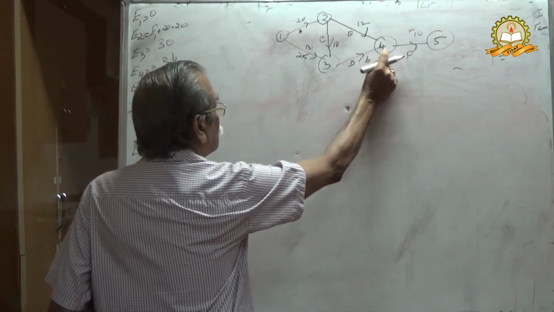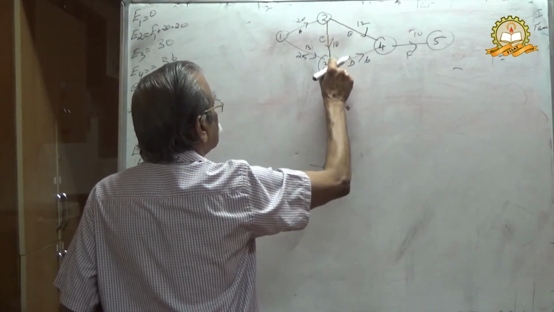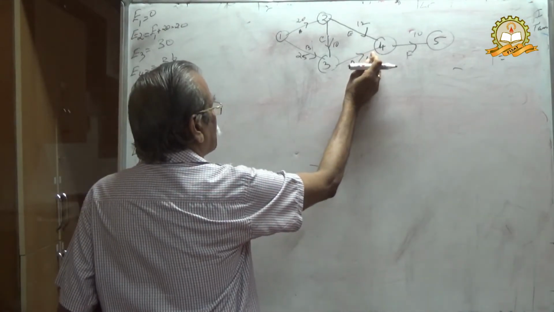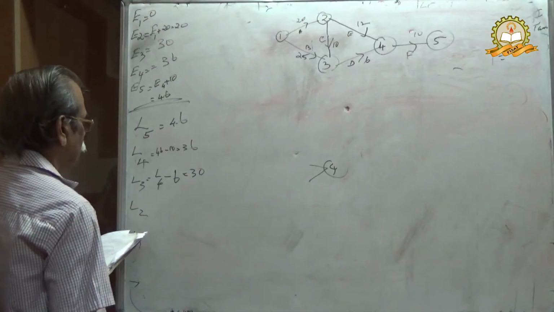Here you can see 3 comes in, not from 2 to this. 2 to 3 is the arrow in the forward motion, therefore this arrow comes down here, L4 minus 6 equal to 30.